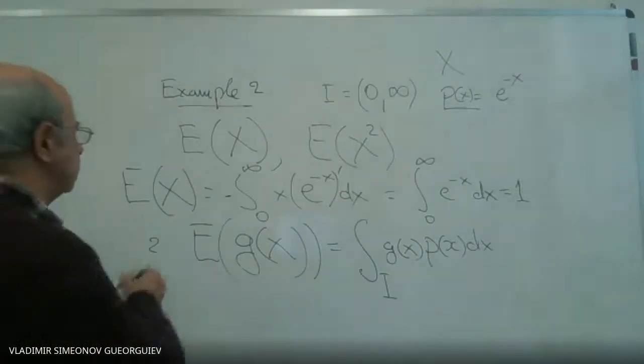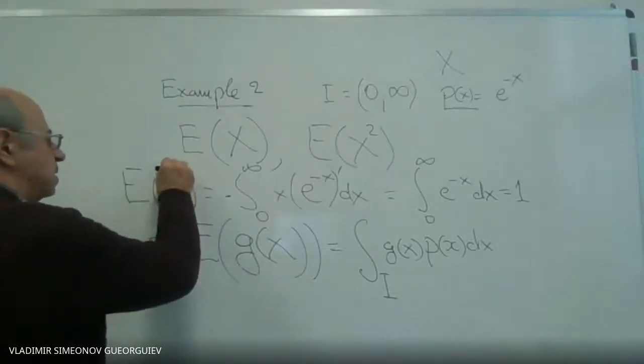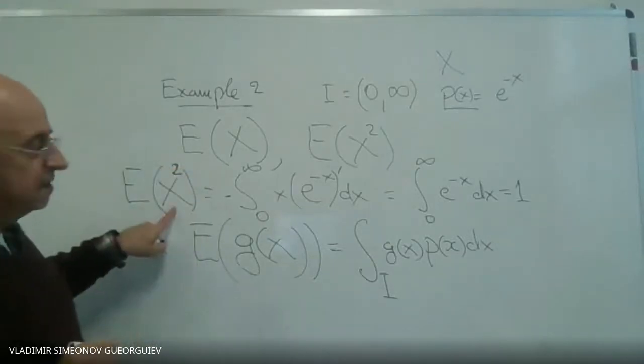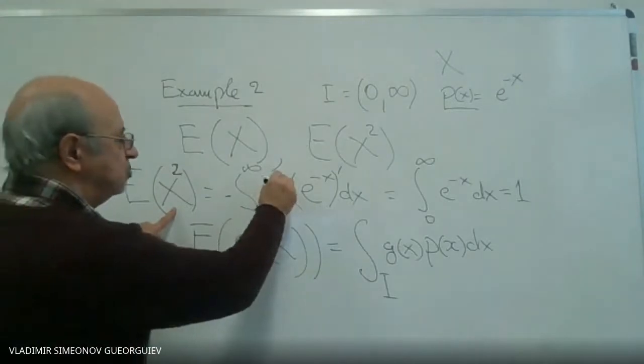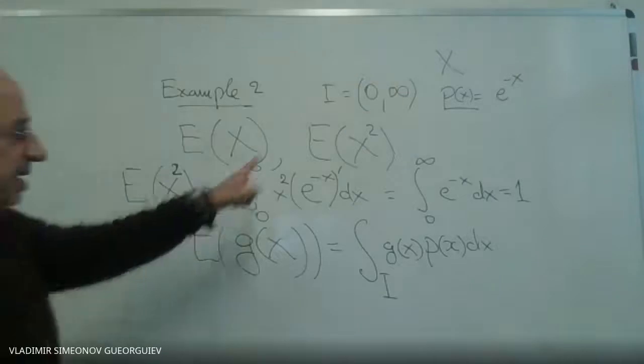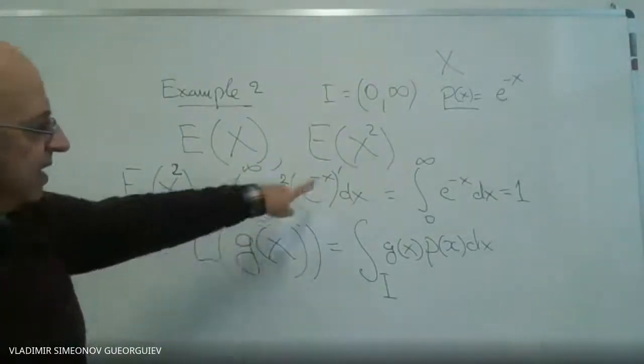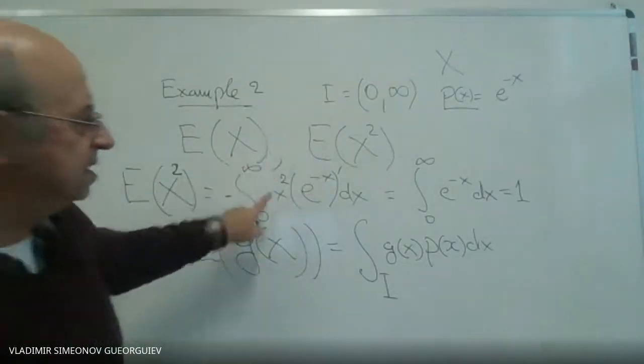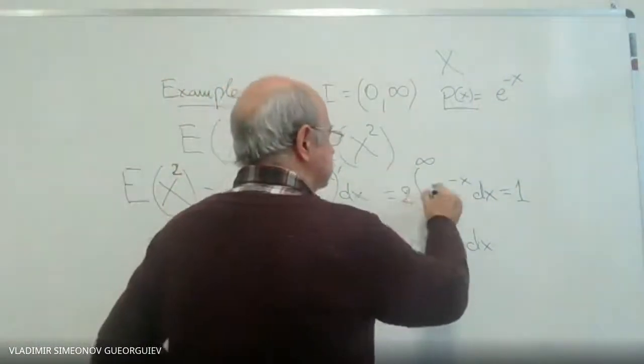Let us now go on to compute the expectation of x squared. If I have x squared, I am obliged to put a square. When I integrate by parts, again I have to put the derivative here. So I have 2 times x e to the power minus x.